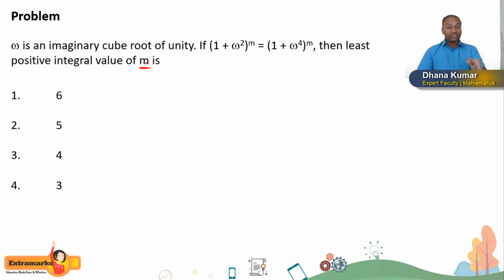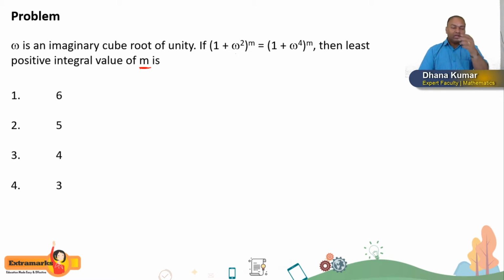Integral means what? Integer, positive integer. The options: first option 6, second 5, third option 4, fourth option 3. So out of these 4 values you have to identify the correct m value.